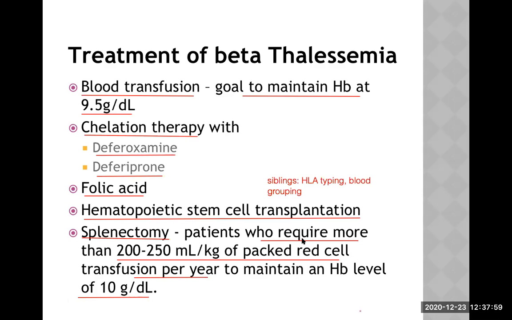But let me remind you once again, before you decide for the splenectomy, proper vaccination has to be given, like pneumococcal vaccine, meningococcal vaccine, and vaccine against Haemophilus influenzae type B. These are a must, along with other vaccines. And if you cannot vaccinate at this time, you have to give antibiotic prophylaxis after the splenectomy.